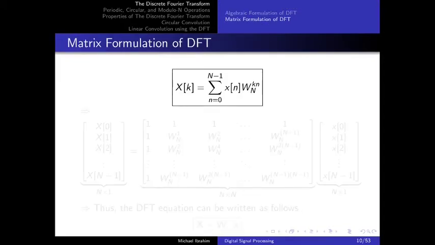So now we're ready to move on to the matrix formulation of the discrete Fourier transform. The definition of the discrete Fourier transform is a summation from n equal to 0 up to n minus 1 x of n wn to the power kn. Let's try to expand this equation as follows.